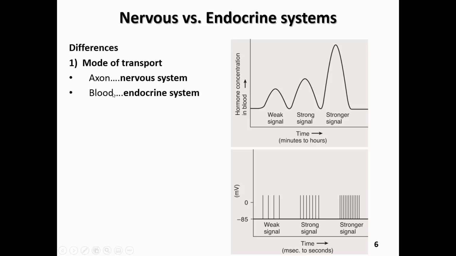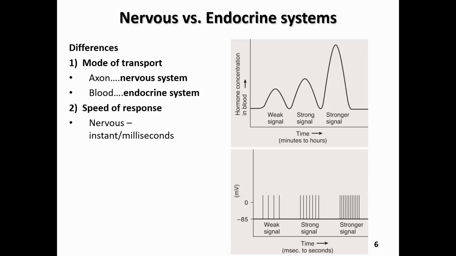The blood, however, is the mode of transport for the endocrine system. Because the endocrine system is defined by the production and secretion of a chemical that will affect a distant tissue, the only way it can get to the distant tissue is through transport in the cardiovascular system.